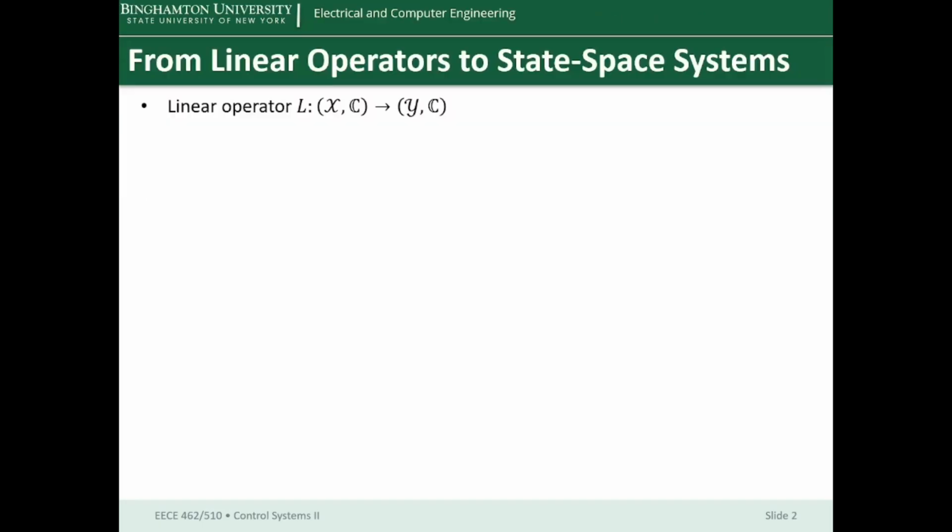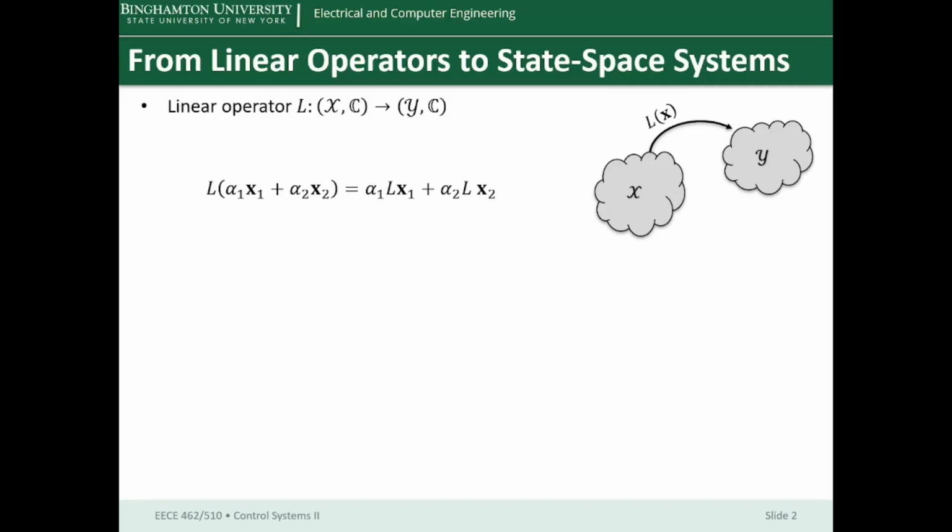Last time we discussed linear operators and stated that a linear operator is a linear map that maps vectors from the domain vector space to the codomain or range vector space. Such a map satisfies the properties of additivity and homogeneity, which together define the linearity condition.